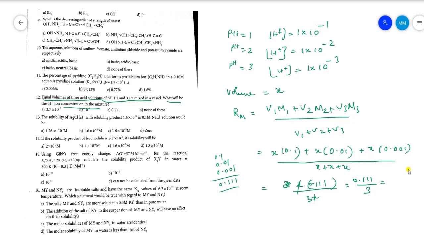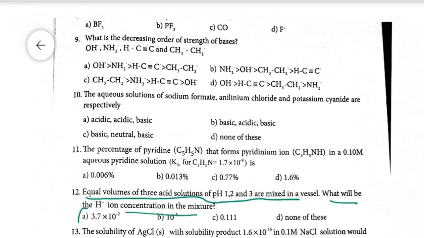This is equal to 111 into 10 power minus 3 divided by 3, which is 37 into 10 power minus 3. There is no such answer, so it will be 3.7 into 10 power minus 2. So your answer is A.